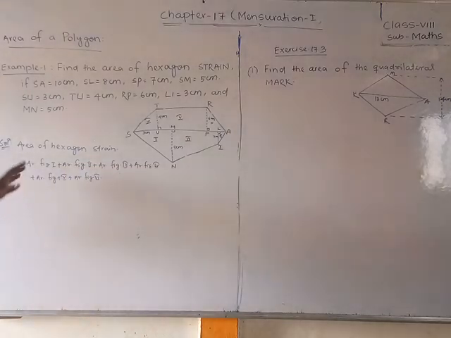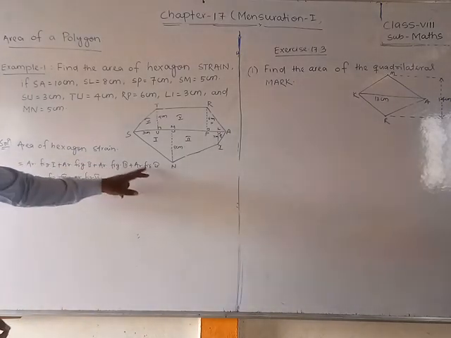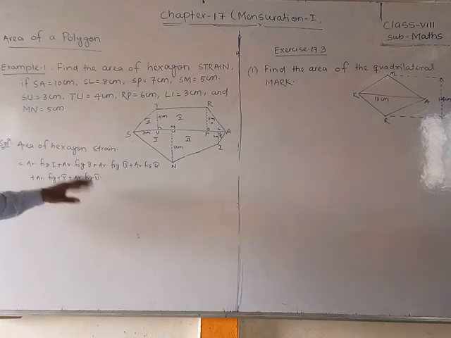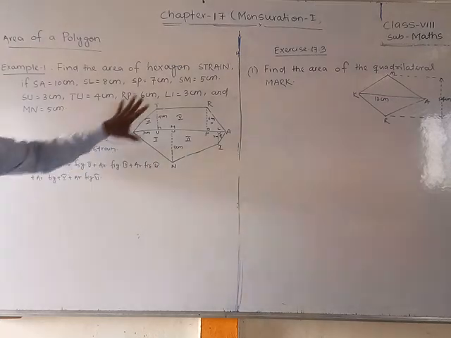If you find the areas of figures 1, 2, 3, 4, 5 and 6 and add them, then we can get the total area of the figure.